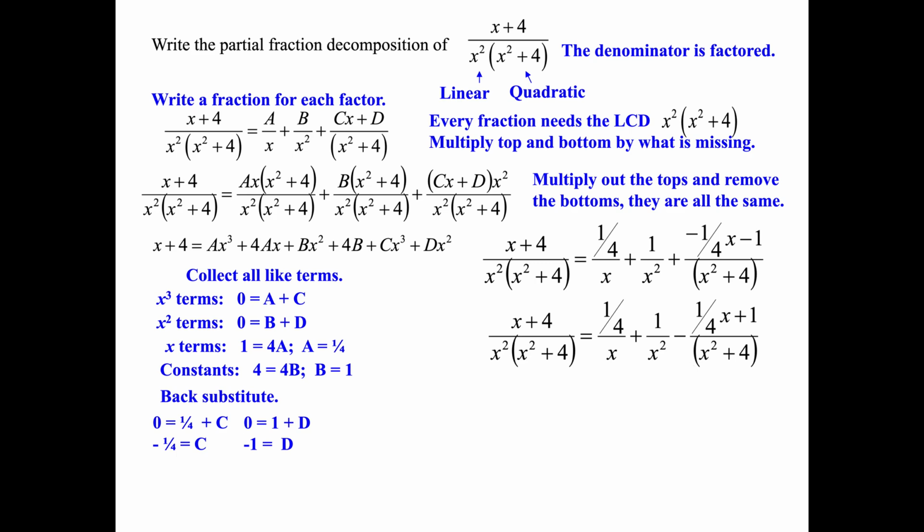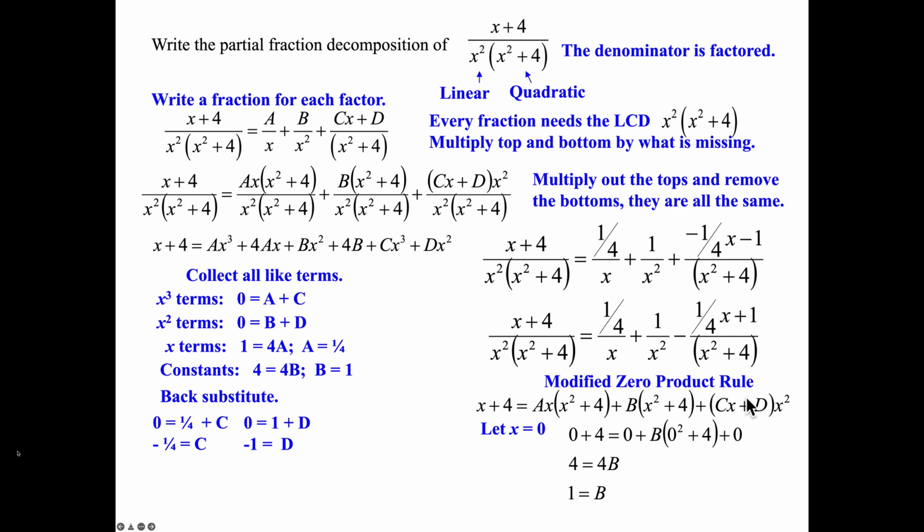Now, in terms of the author's modified zero product rule, the 0 here is going to be a problem. The 0 makes this into a 0, this into a 0, and yep, you can solve for B, but that's it. The zero product rule, you cannot turn this binomial into a 0. It's impossible. So, okay, how do you cancel these out to solve for the other letters?